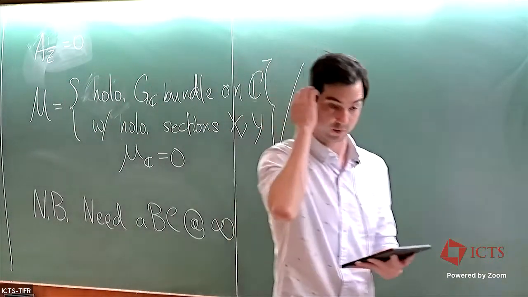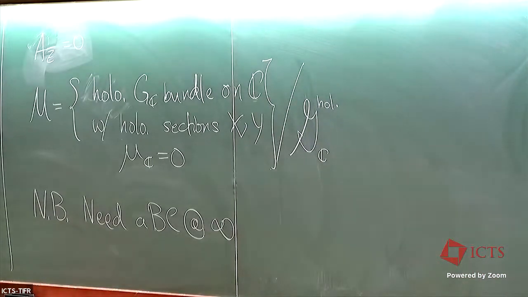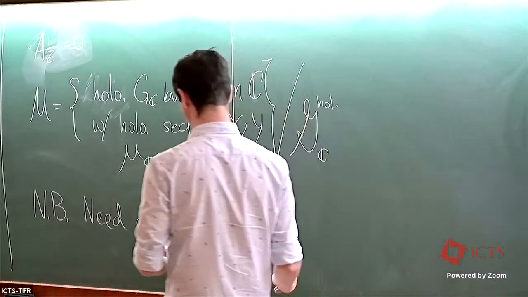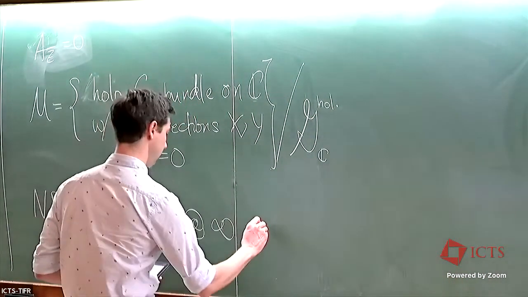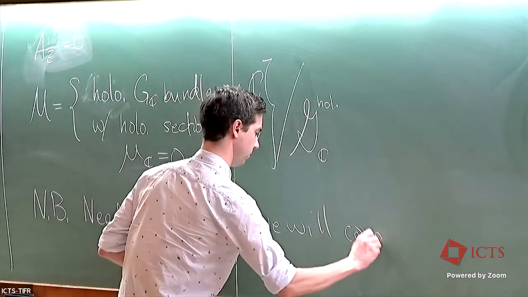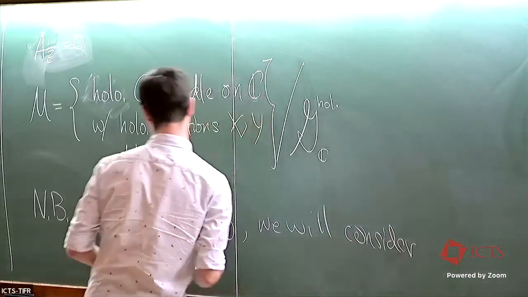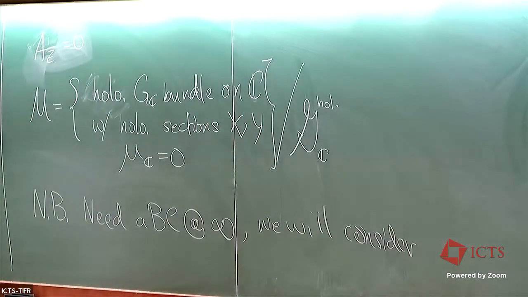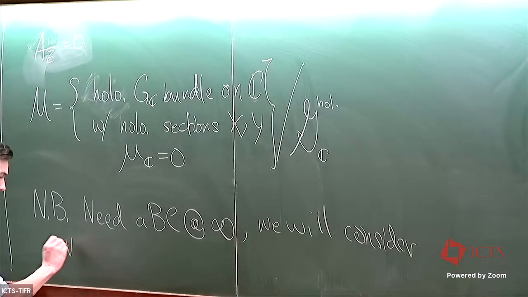And the most common type of boundary condition I'm going to consider, although you can relax this pretty dramatically, is called a massive vacuum boundary condition.